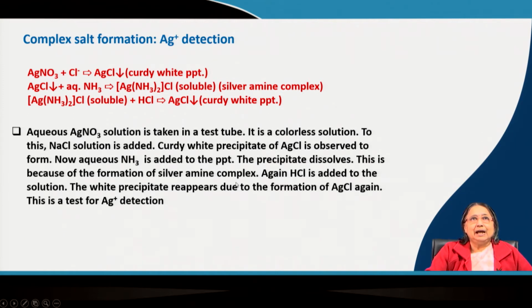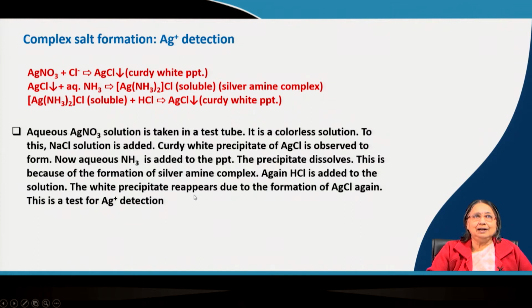Now, if you again add HCl to the solution, what will happen? The white precipitate reappears due to the formation of silver chloride again. This I have already explained, but you can do the experiment in the laboratory, because all the chemicals used here are available in the laboratory.